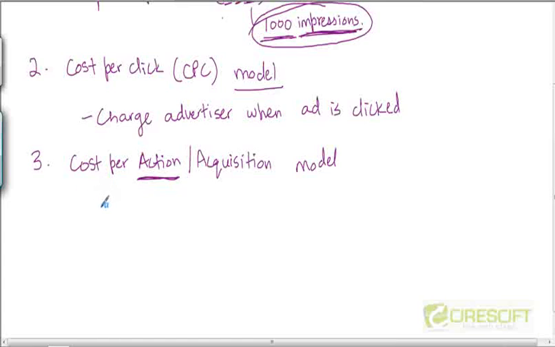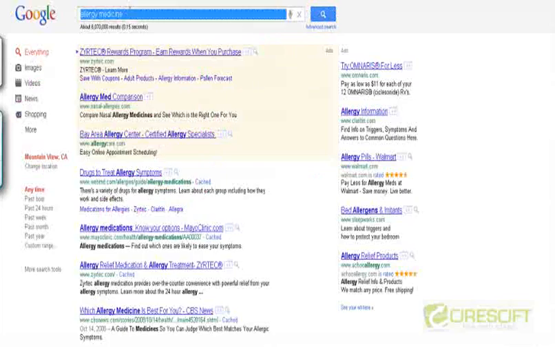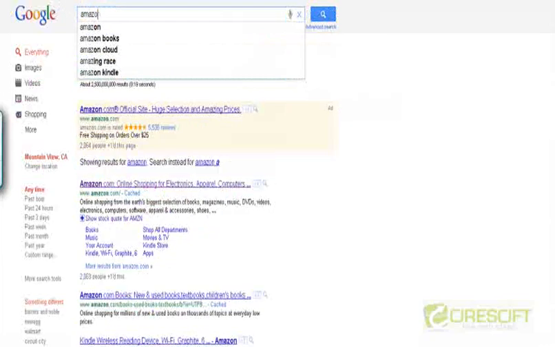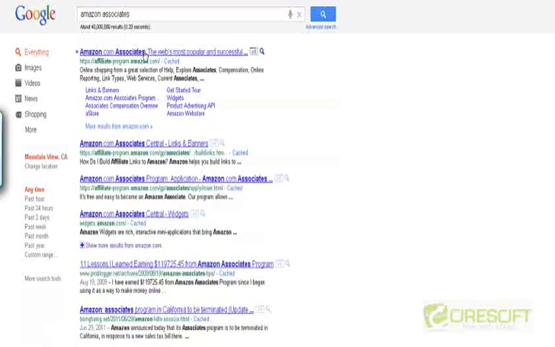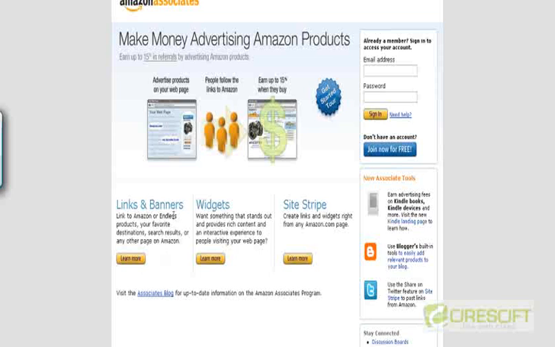Okay, and a simple example of that is Amazon Associates. I don't know if you know about that. So Amazon has this program where, let's say you have a popular blog, you can post an advertisement for Amazon on your blog, and if somebody clicks on that advertisement and goes to the Amazon website and buys a product, that is when Amazon will pay you for that advertisement.